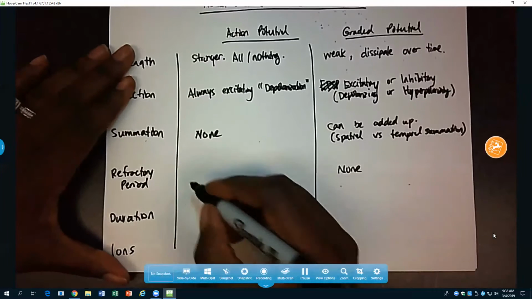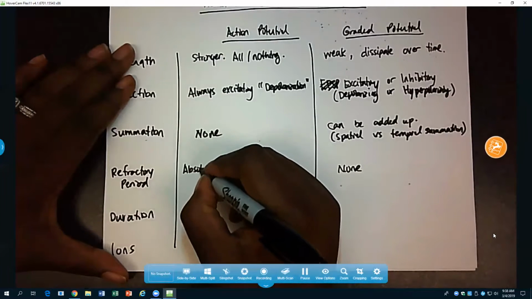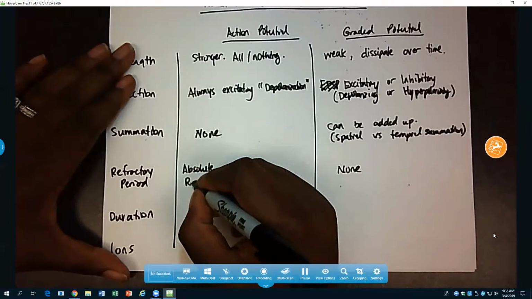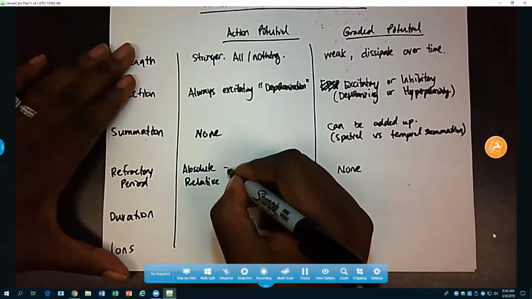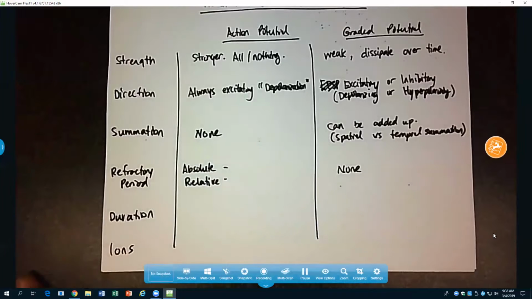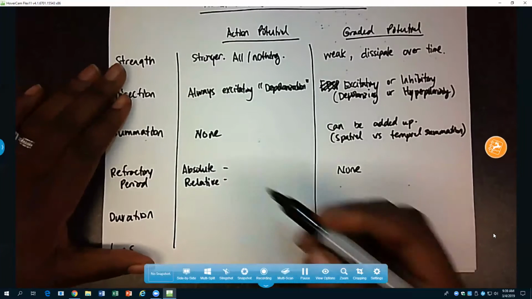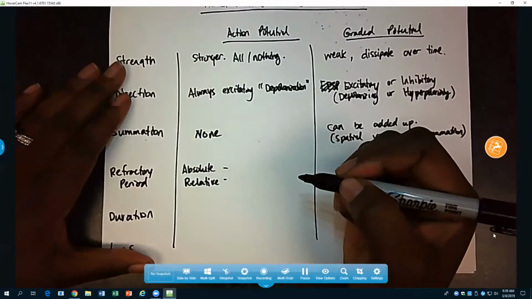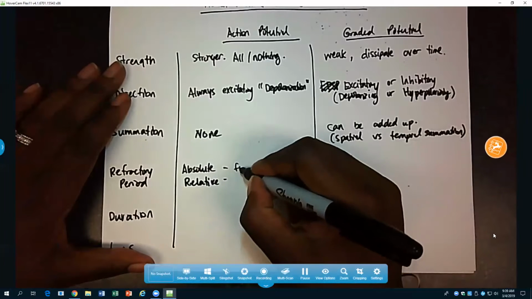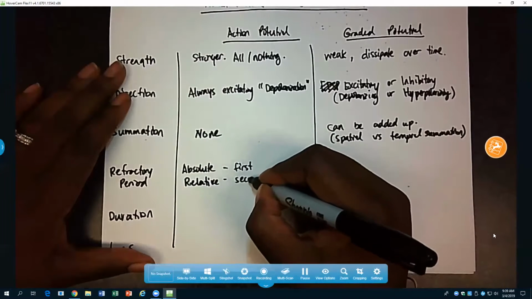Right, so those are the absolute and the relative. Which of these came first? Good, the absolute. So the absolute was first here, and then we'll put the second here.